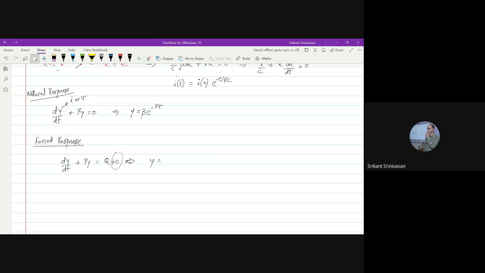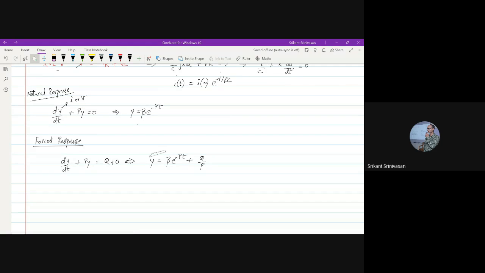There is the natural component and there is the forcing function. So from the perspective of the natural component, you can expect I will get something like this as before, and that is beta times e power minus pt. Now, with regard to the applied function, the forcing function, you get an extra term, and that is plus q over p.